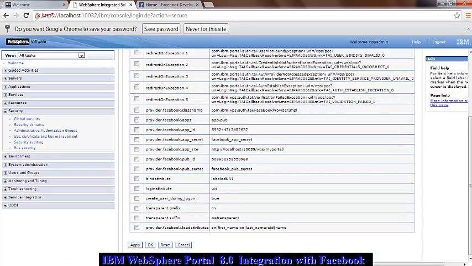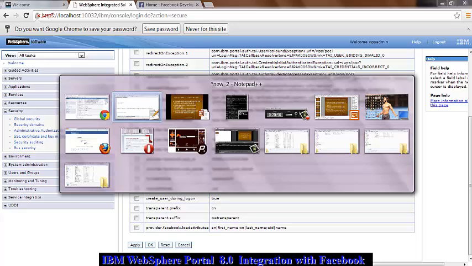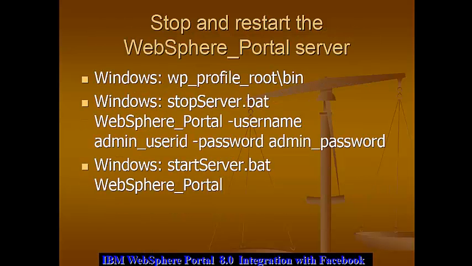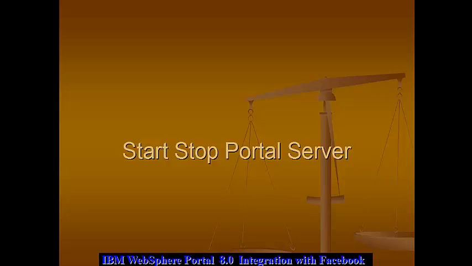Let's check it again. So now let's see what the next step is. After that, we need to restart the portal server again. There are n number of portal restarts required during the Facebook or OpenID integration. So perhaps this is the last portal restart.